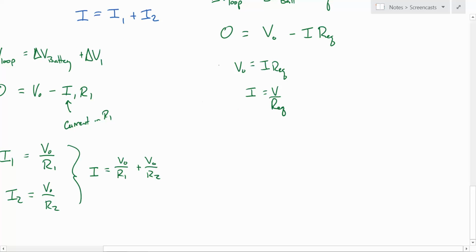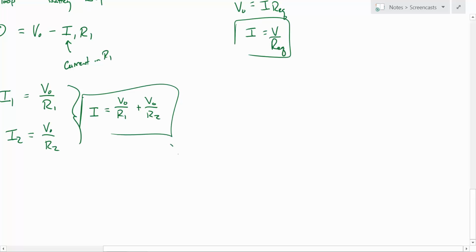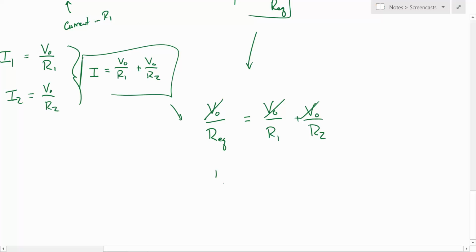So here I'm saying I is equal to V0 over R equivalent. Here I is equal to V0 over R1 plus V0 over R2. Taking these together, I can say that V0 over R equivalent equals V naught over R1 plus V naught over R2. Every term has a V naught, so I can cancel it, and I get, shockingly enough, our equation for parallel resistors.